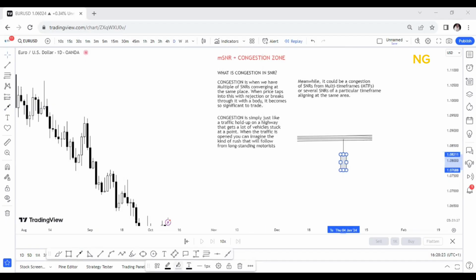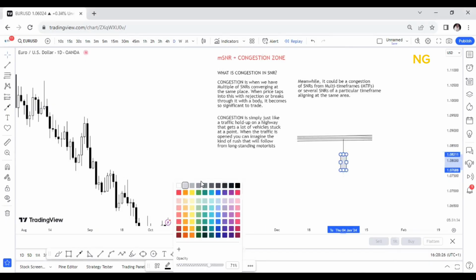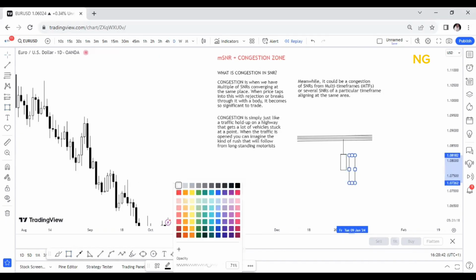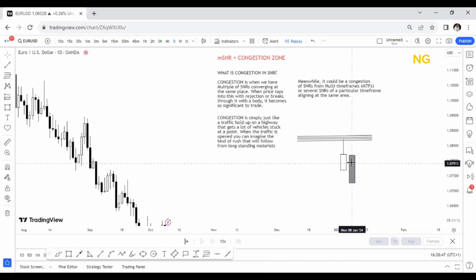It gets rejected with a wick, then probably you have this like this as a bearish. It could be like this, it could also be like this.